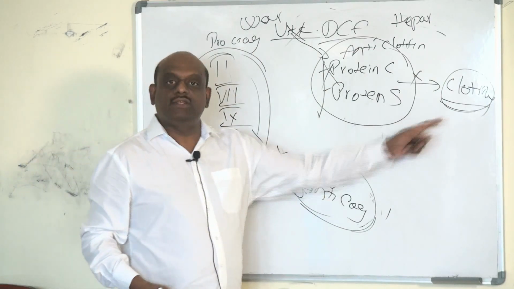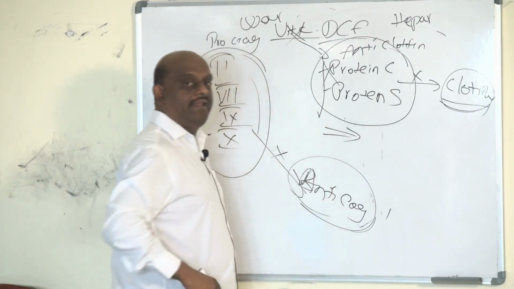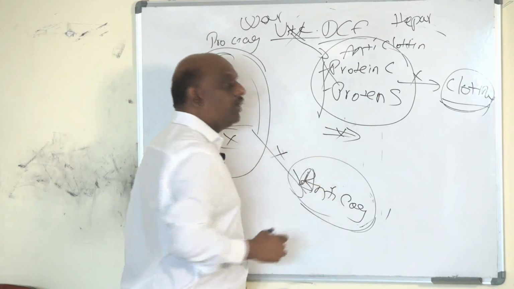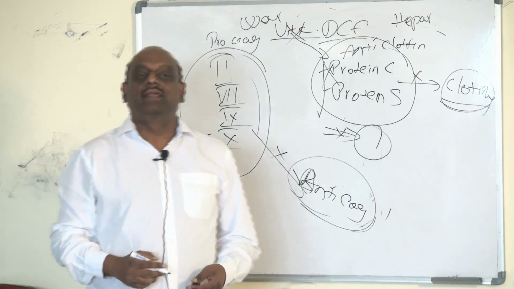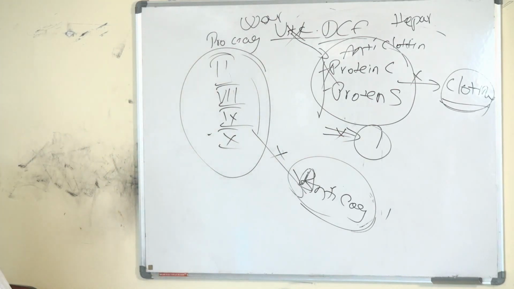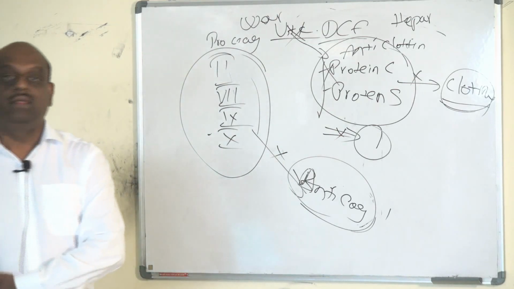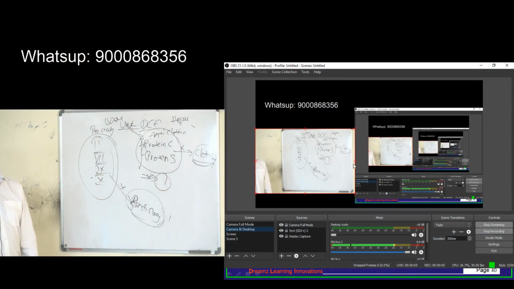And because of this, the clots form. They go to the small vessels supplying the skin, and they typically lead to the clotting of that, and that leads to skin necrosis. Initially, when you start the warfarin, is what you have to basically remember. So that is all the story about the warfarin.